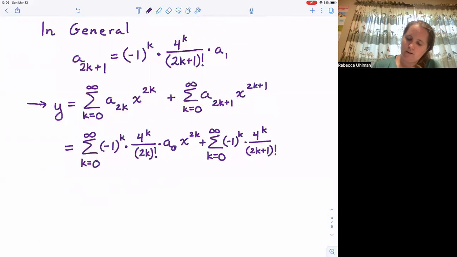Sorry, that first one should have been times a0, not times a1. This term will have our times a1, and then times x to the 2k plus 1.